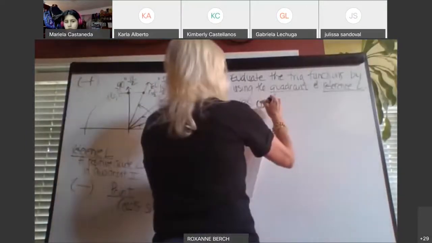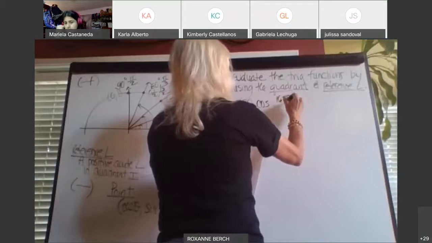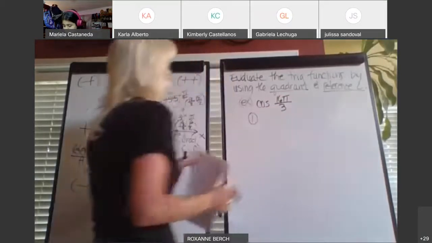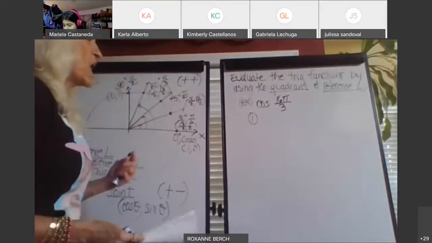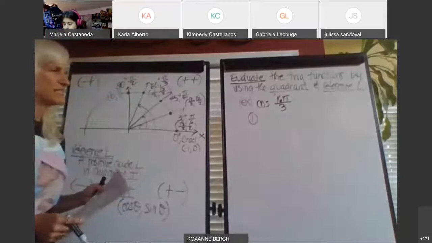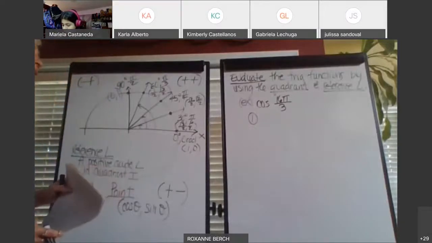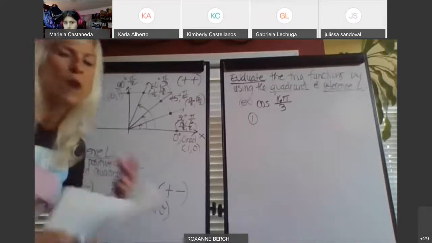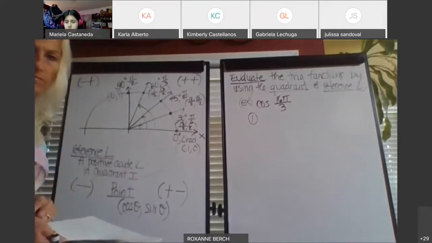So cosine of 16 pi over 3. All right, we want to know what the number is. Let's evaluate cosine of 16 pi over 3. Well, what we want to do is find the reference angle.